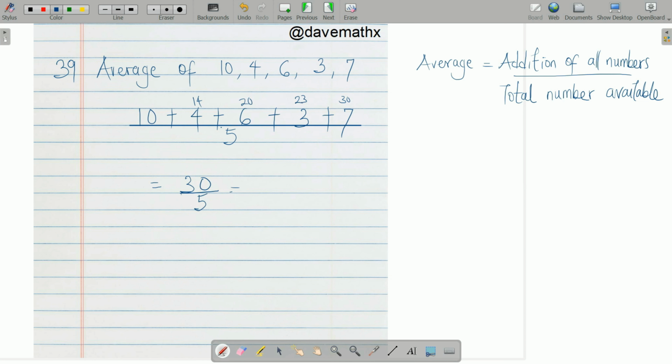Following the addition, we have 30, which we divide by 5. Our final answer is 6.